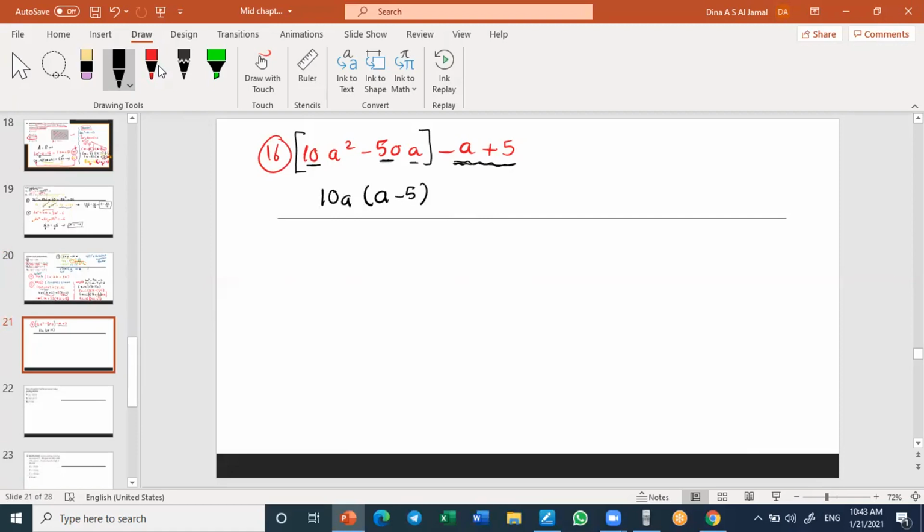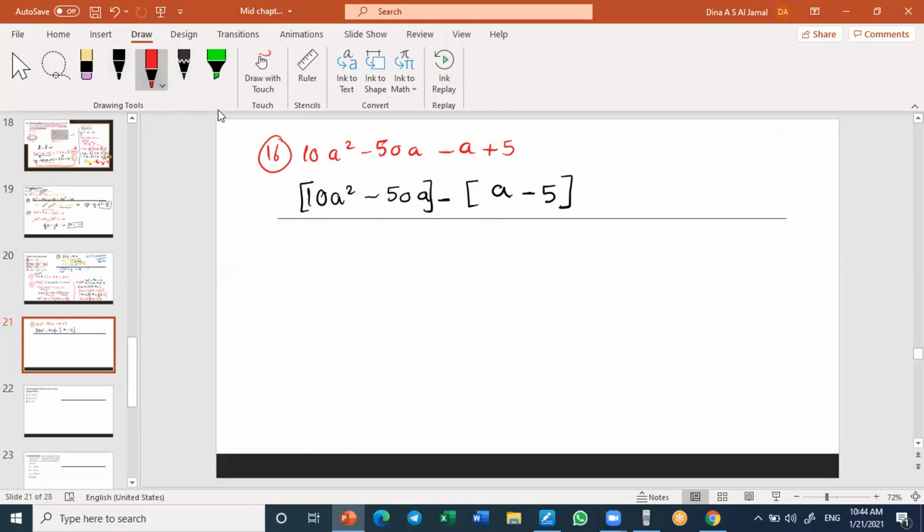So always think of the inverse of the additive. So from the beginning, extract the minus outside. So make it like a 10a squared minus 50a minus, now extract the minus. So it will be now a minus 5. With this, it will be helping you to factorize.